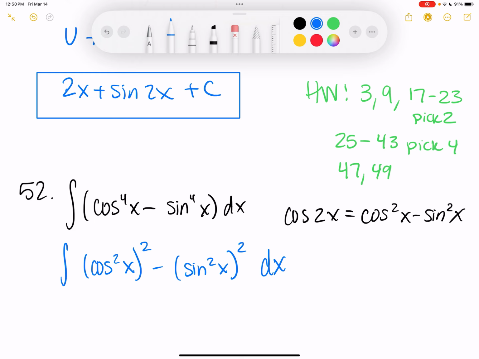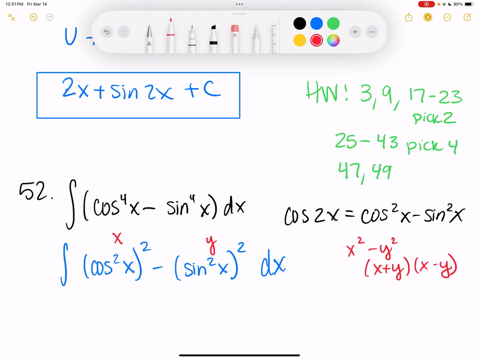Now, if it's easier to visualize, I can think about this as x and y. And x squared minus y squared factors into what? The difference of squares: x plus y, x minus y.